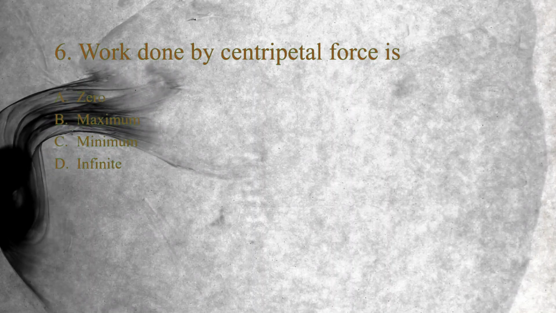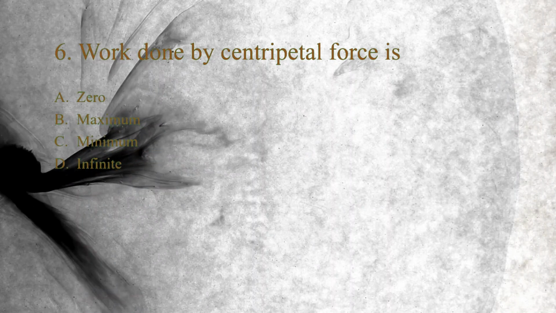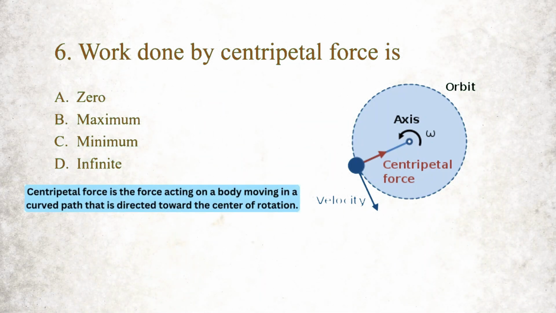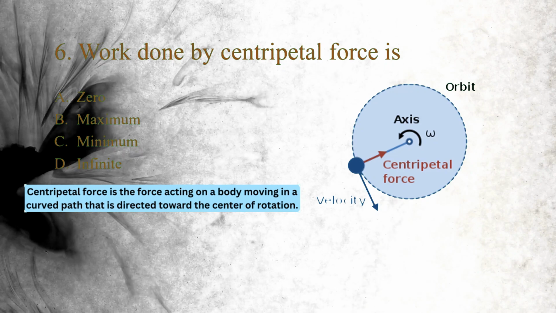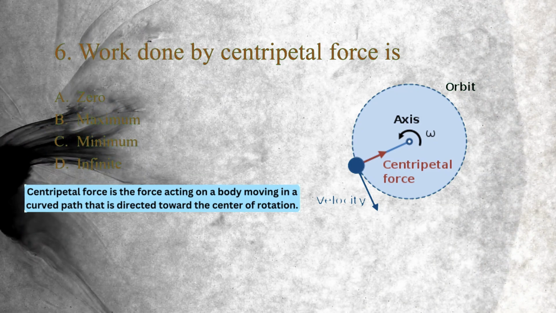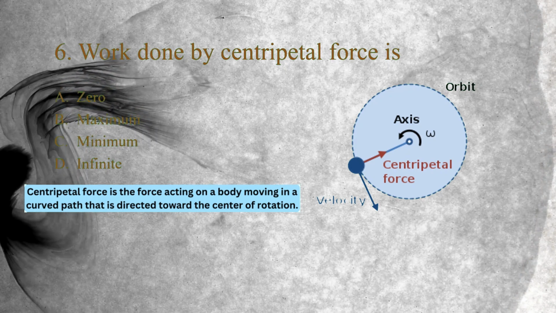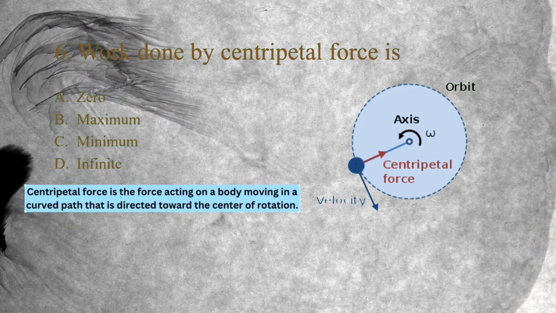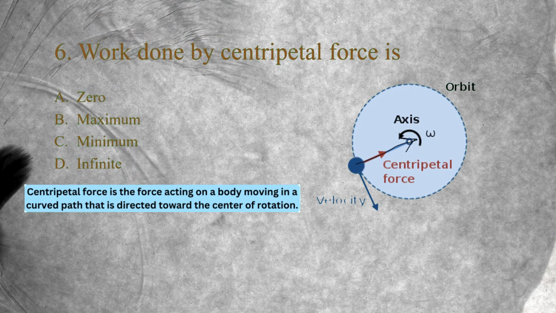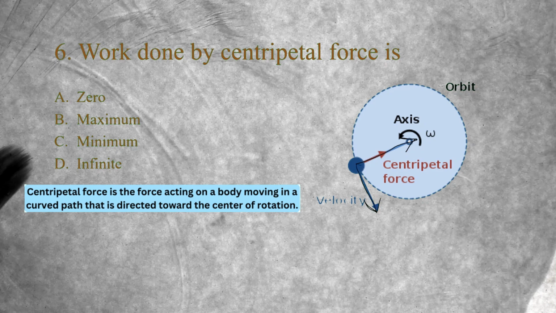So students, next MCQ is: work done by centripetal force is 0, maximum, minimum, infinite. Remember that centripetal force is the force that acts on an object moving in a circular path, directing it towards the center of a circle. In this case, the force is always perpendicular to the direction of the motion, meaning it always acts towards the center of a circle, while the displacement is tangential to the circle, along the circular path.